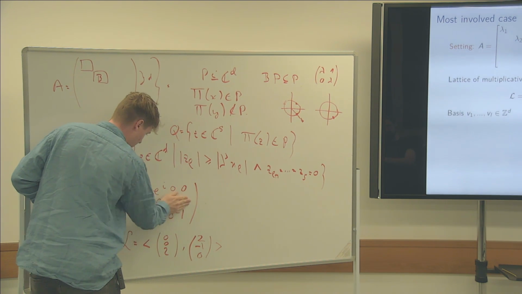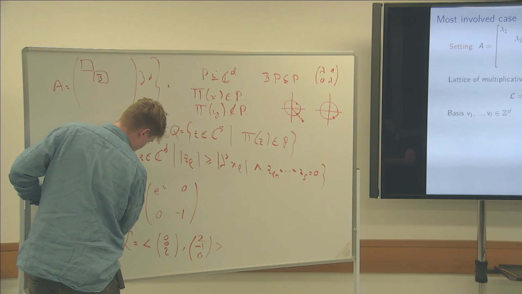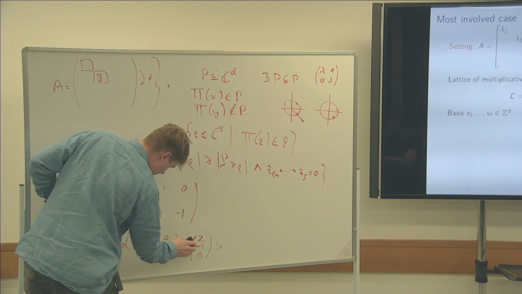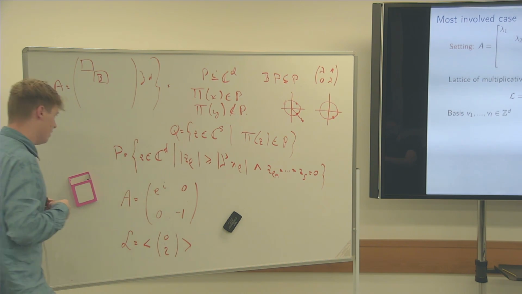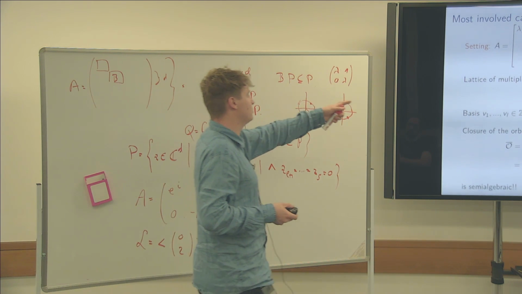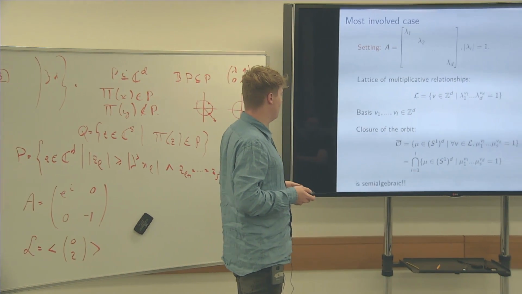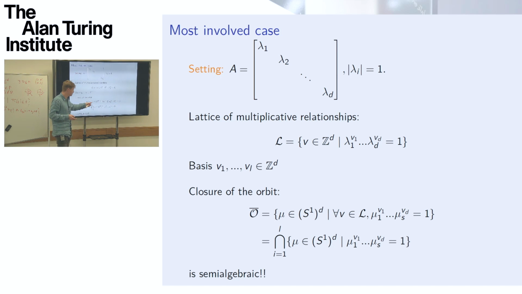And then going back to this example, the orbit was the union of 2 circles, okay? So let's just keep this on the board. So I have a lattice with a certain basis, okay? And then what I say is that the closure of the orbit is actually the set of points of complex vectors with modulus 1, such that they have all the same multiplicative relationships, okay?